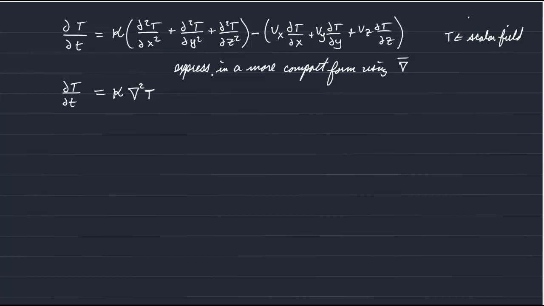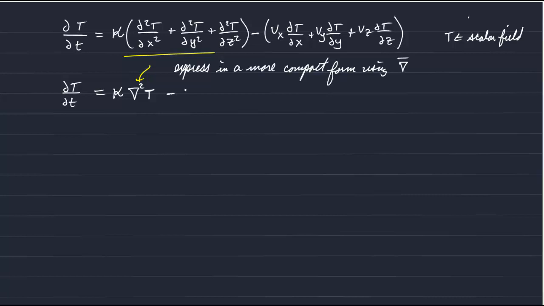And so that's this first term. And then we're going to subtract another term in parentheses. So we have Vx times the partial of t with respect to x, the y component of the vector times the partial of t with respect to y, plus the z component of the vector times the partial of t with respect to z.